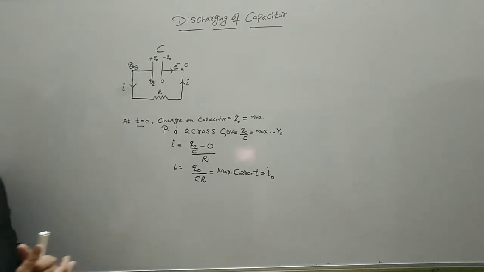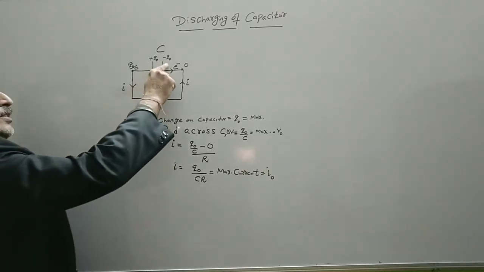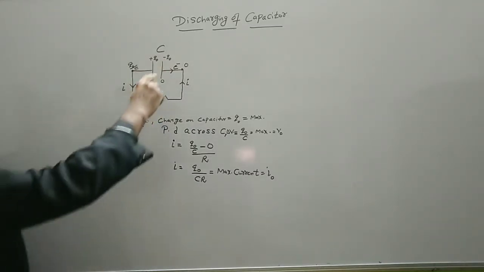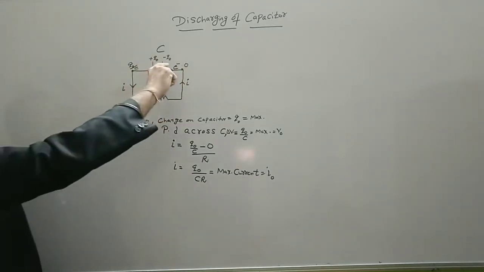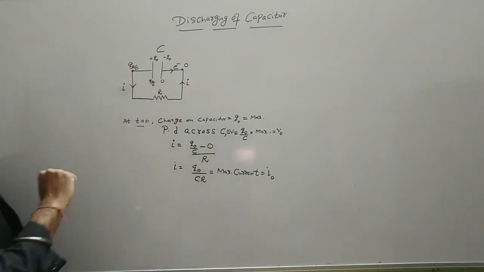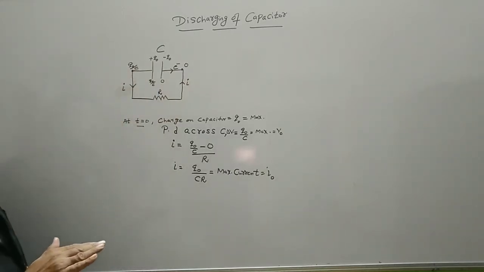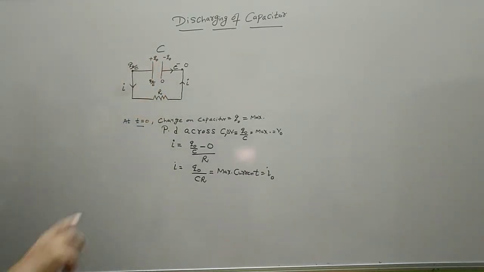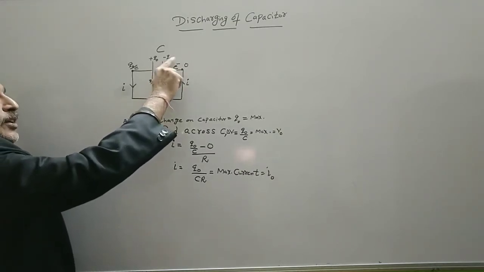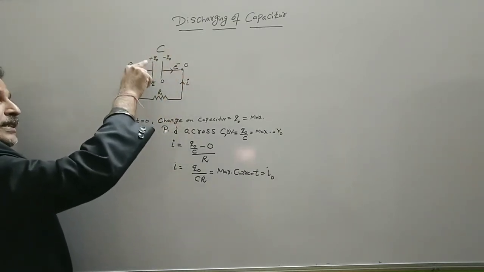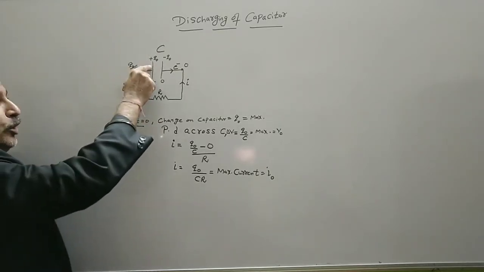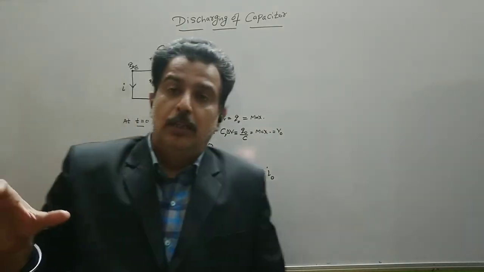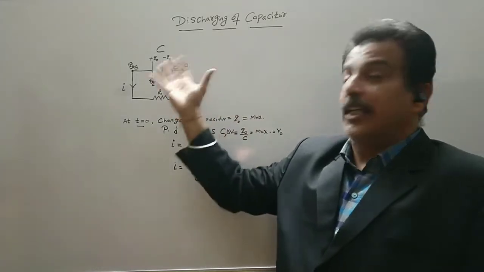Now, as time passes, the negativity of the charge on this plate starts decreasing. Because the electrons are being removed, they move opposite to the direction of the current, so this plate's negativity becomes less, and this plate's positivity also becomes less, because electrons are removed from it and coming back to the same plate. In charging, we removed electrons from this plate, so its positivity increased and the charge on the capacitor increased.